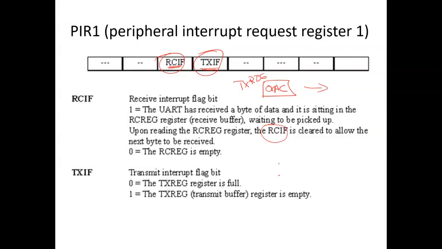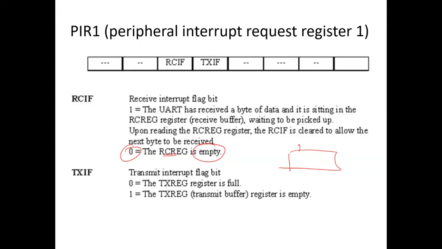Now, for the receiving, this is the RC register. If this bit is 0, the RC register is empty. What does empty mean?